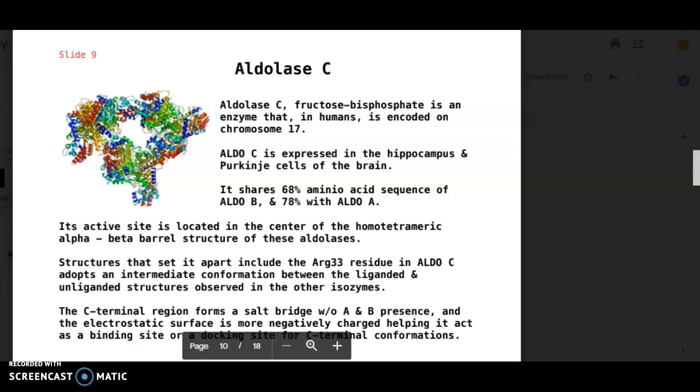Also, the C-terminal region forms a salt bridge with the barrel region that is absent in both the A and the B isoforms. Moreover, the electrostatic surface of aldolase C is more negatively charged, which may serve as an acidic binding site or as a docking site to accommodate the C-terminal conformations.